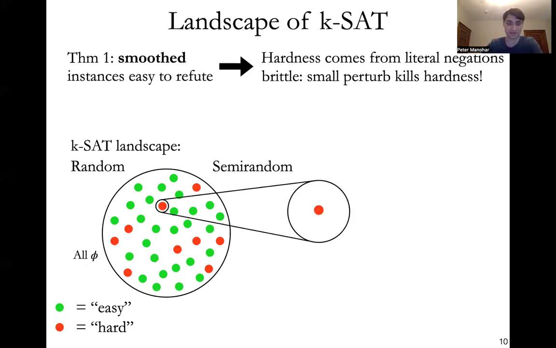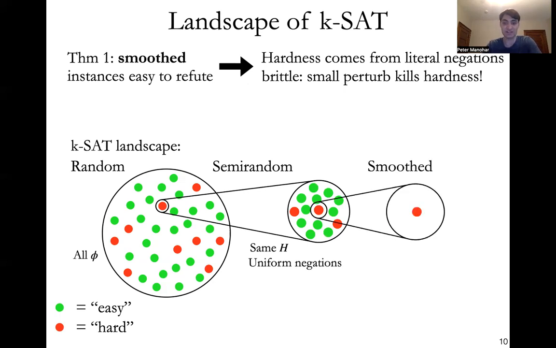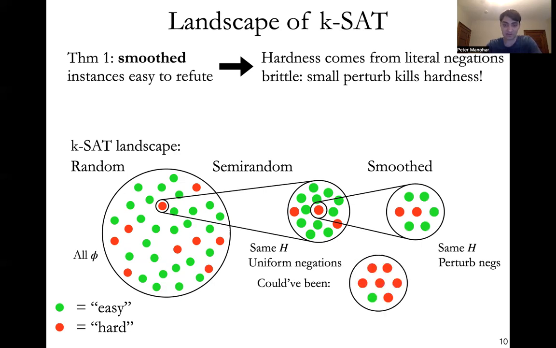Our theorem for semi-random says that if we zoom in really close on one instance, and we look at all instances with the same hypergraph but uniformly random negations, locally, this again looks pretty easy. Most instances are easy. And the picture for smooth says if we zoom in even closer and look at the same H and only a small perturbation to the literal negations, still most instances locally look easy. And in particular, there are no clusters of instances which are all very hard to refute. This could have been the case a priori, but we've proven that this does not happen.